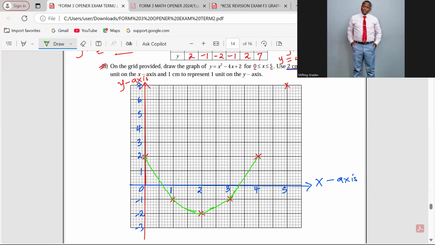Yeah, you can rate my curve. We check somewhere here, the turning point. Somewhere here, the coordinate was there.